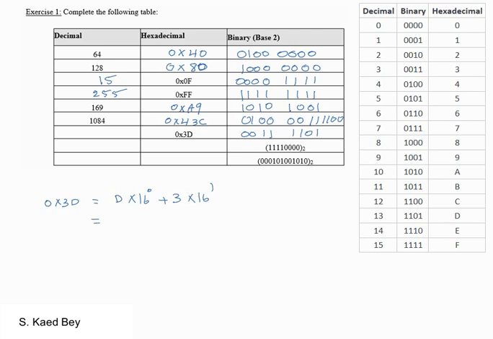Now the letter D is equivalent to number 13. Times 16 to the power 0 plus 3 times 16. This is 13 plus 48. 61.